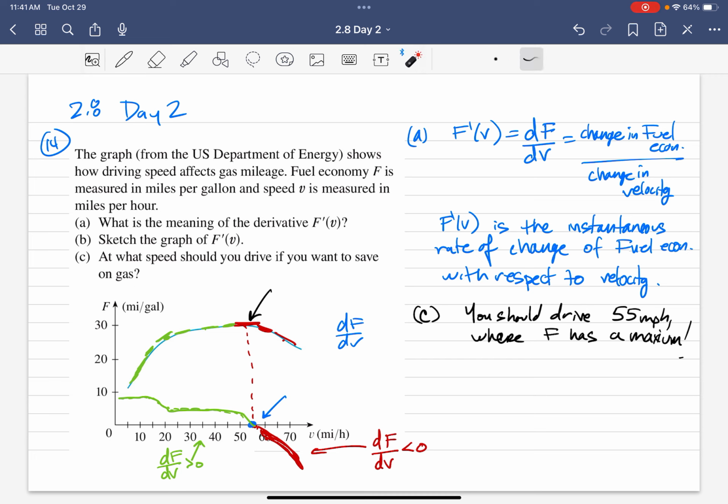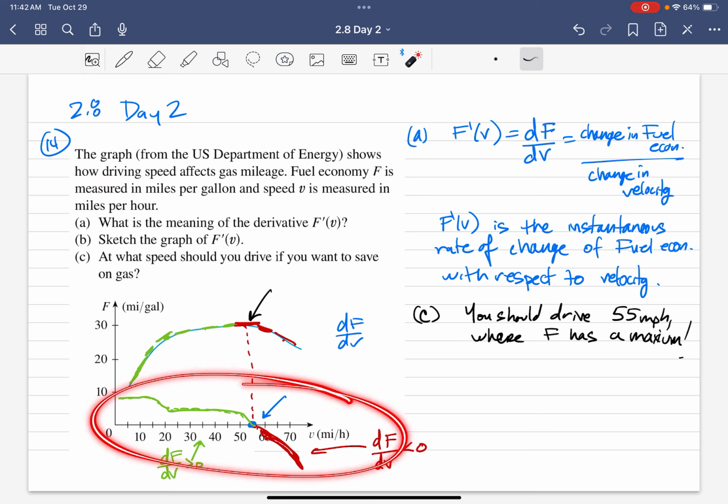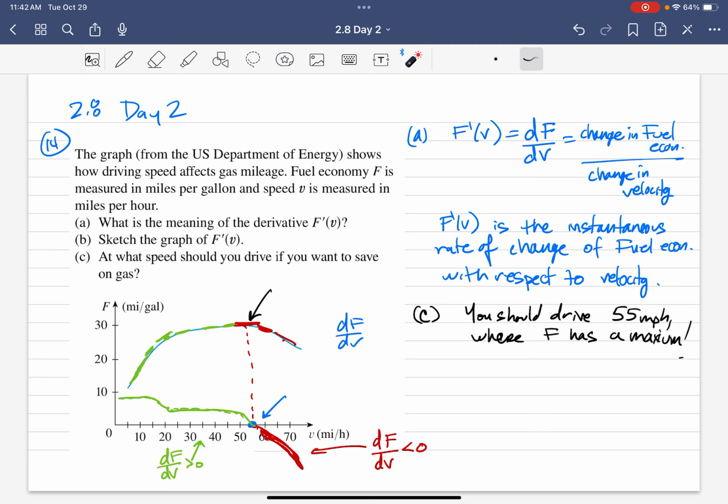So it's not going up the hill and it's not going down the hill. It's at a maximum right here. So notice if our derivative or our change is positive, it stops for a second, then becomes negative. That is where we have a maximum. And we're going to talk more about that later. So this question really just wants you to start thinking about how the derivative and the function itself relate to each other.